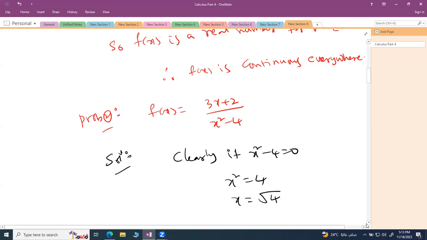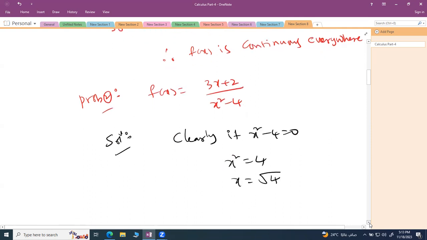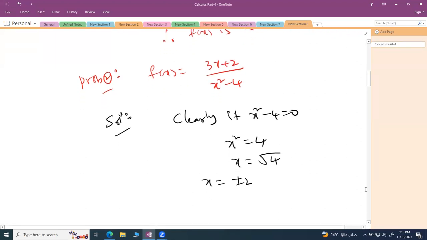that is equal to x equal to plus or minus 2. So, f of x is undefined at x equal to minus 2, comma plus 2.